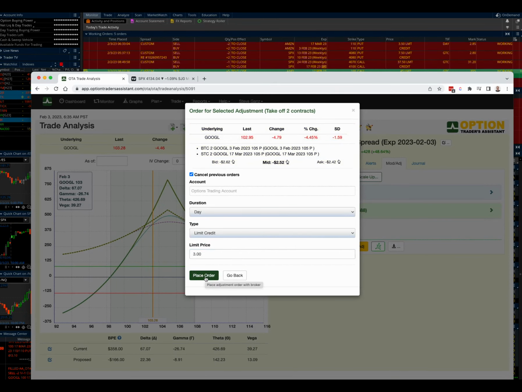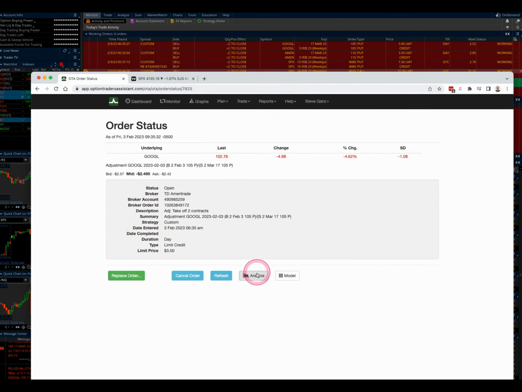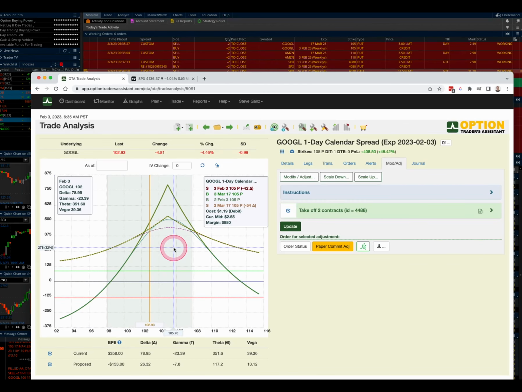And that likely won't hit for a little bit, and we will need a little bit of a move back up in the underlying here in order for that to hit as well. So that's kind of where we're at on these. If we come back, we'll take a look at our Analyze tab on Google. So we're currently up $408 or 46%. We've taken 2 of our 5 off.